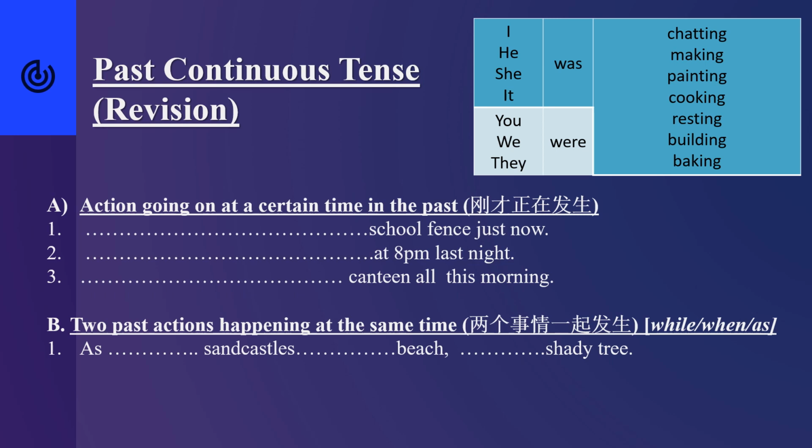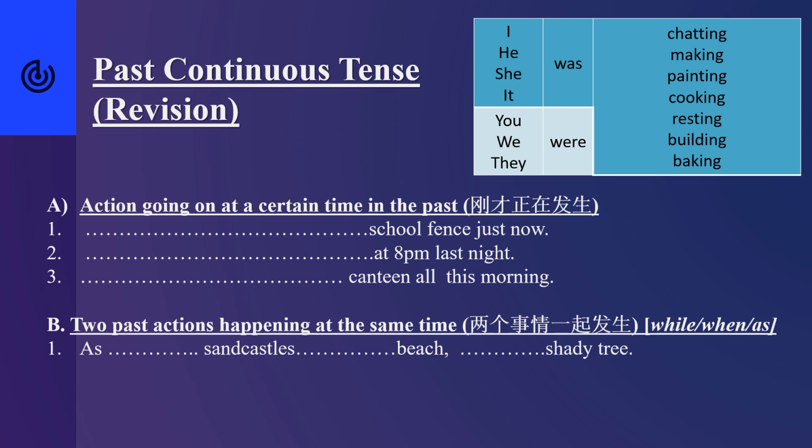The verb is given on the right hand side. Look at the table. 当那些孩子很多的在沙滩正在建沙堡，他们的父母亲在阴凉树底下休息. That's called shady tree. Under the shady tree, resting, see the verb were resting. Write your sentence now.